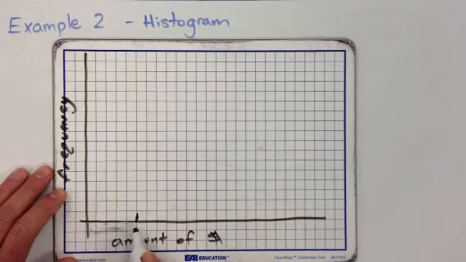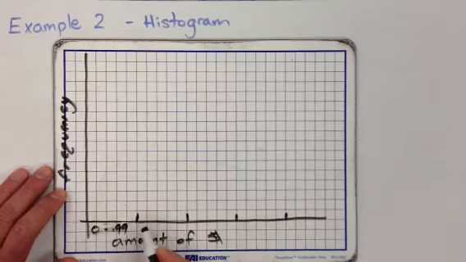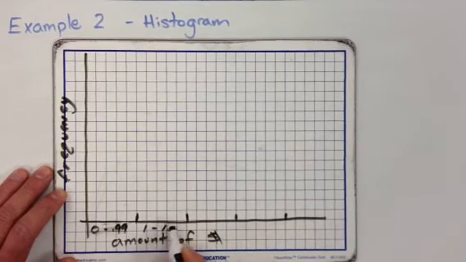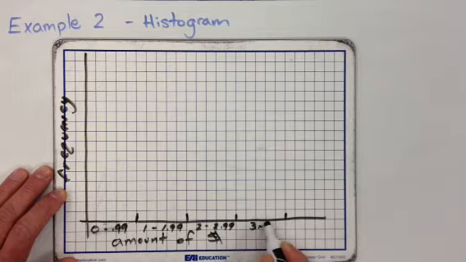Okay, that's going to be my first area. 1, 2, 3, 4, 5. Okay, and so 0 to 99 cents, $1 to $1.99, $2 to $2.99, and $3 to $3.99.